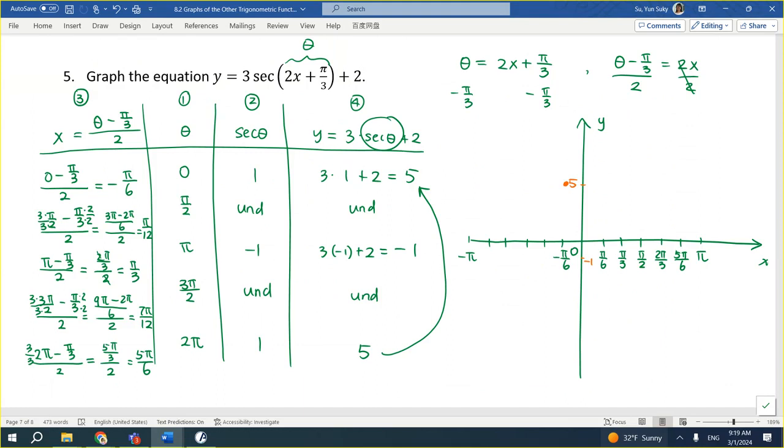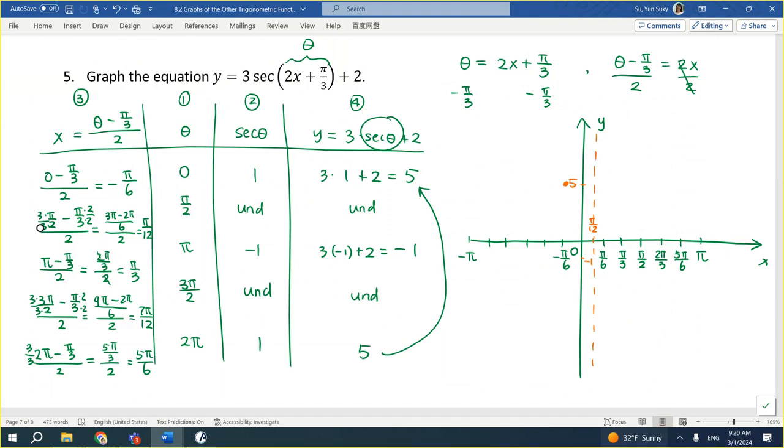So half of pi over 6 is in the middle here. So this is pi over 12. And we get what? Undefined. The y is undefined. So we draw a dash line. So far, so good, everybody?